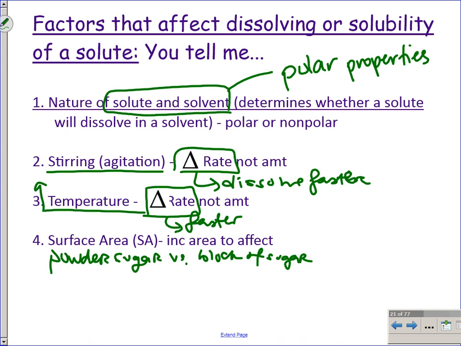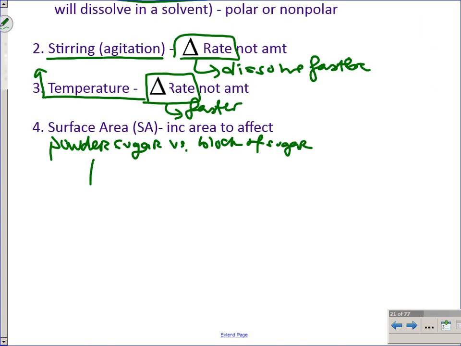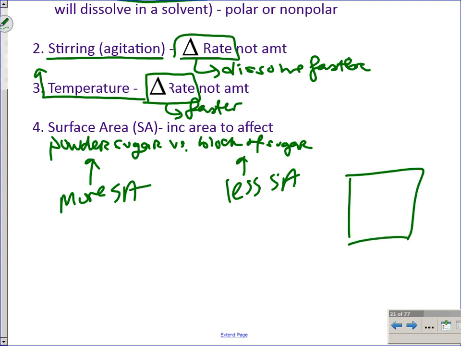Powdered sugar, because it has what? This one has more surface area. This one over here has less surface area. And surface area is just the accumulation of every face of that sugar crystal. So a big, huge block of sugar might be pretty big, but compared to all the tiny dots that I can draw from a powdered perspective, their surface area actually is way, way bigger than the block of sugar.